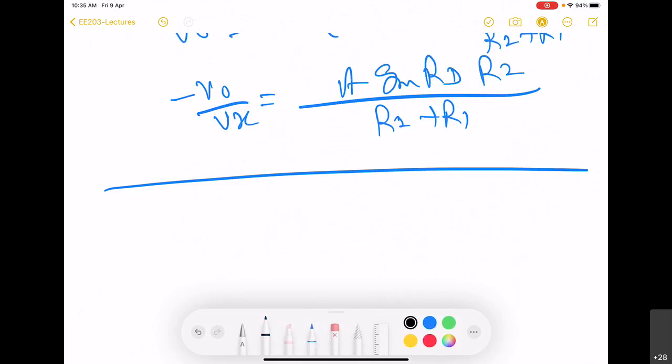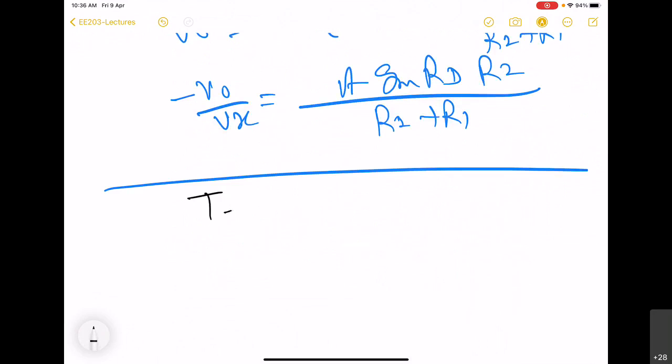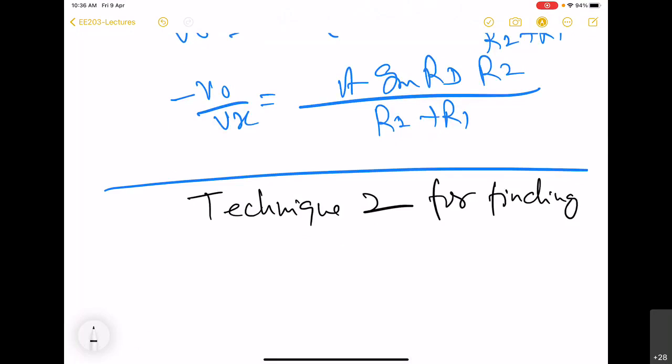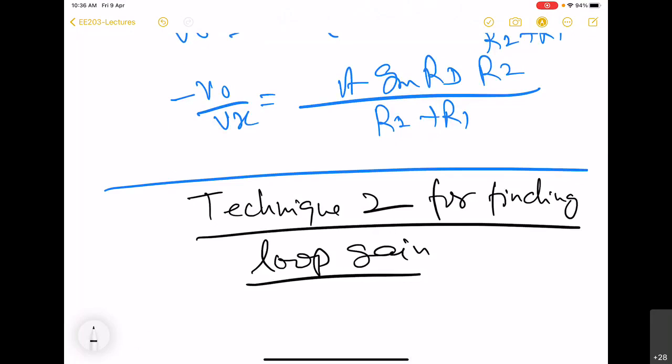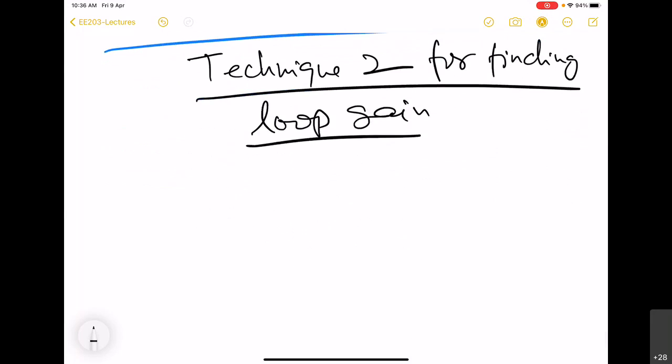Now we are going to talk about a second technique of finding out the loop gain. So in this technique, we have more freedom in deciding where to break the loop, but then we will have to do more calculations also.